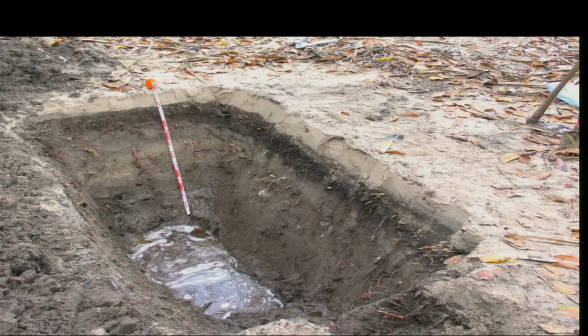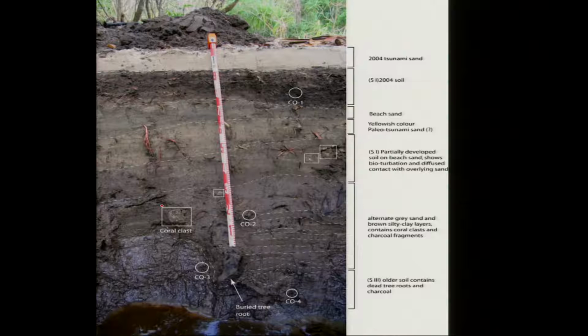If you go down, we see a very clear indication of another sand layer, and then we have soil here. Further below we see some signatures of gravel clasts, and then some buried tree roots, along with the peat deposit. This peat deposit clearly indicates that this area subsided during past events.